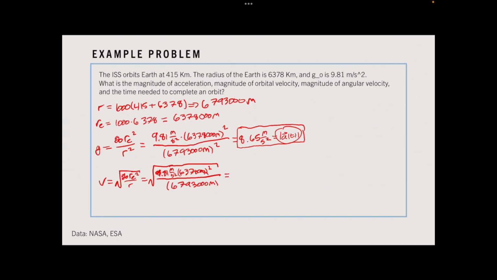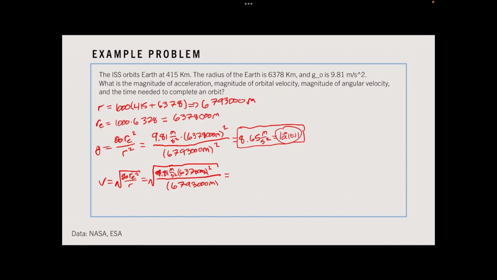Now we just plug this into our calculator: 9.81 times 6378000 squared, divided by our orbital radius, sorry, I keep saying that, 3000, and then we square root that number.